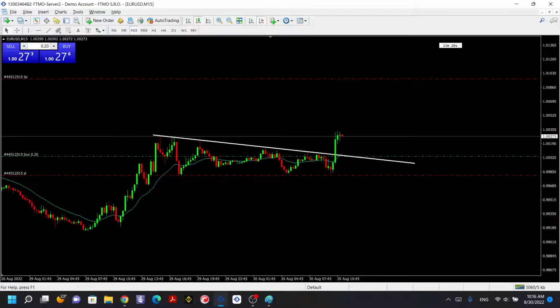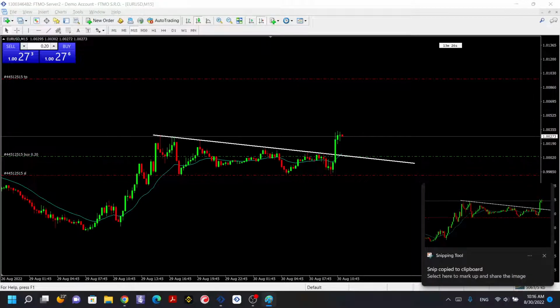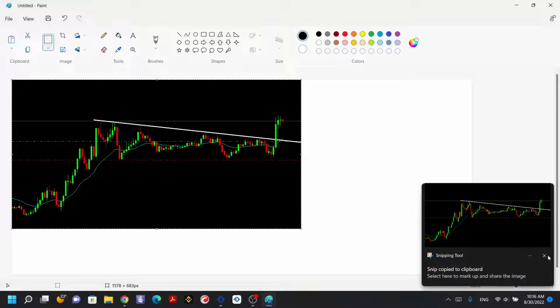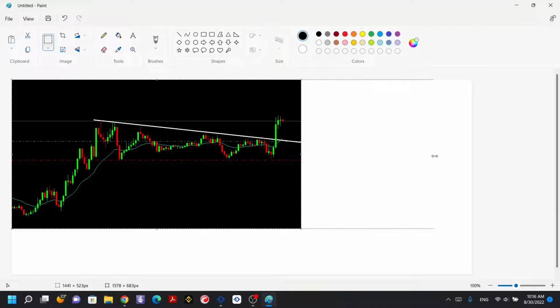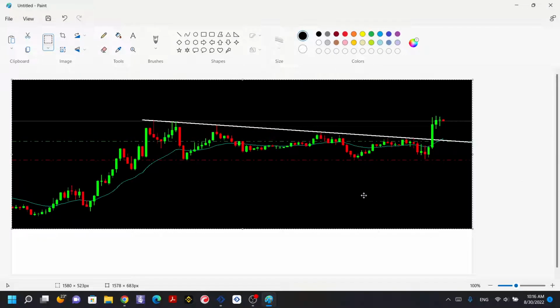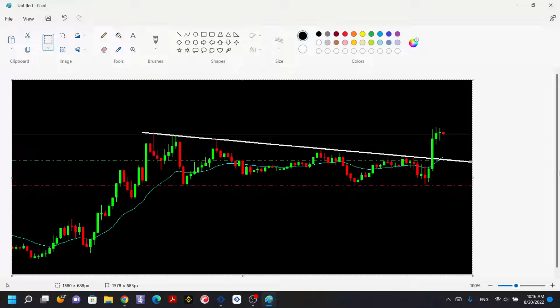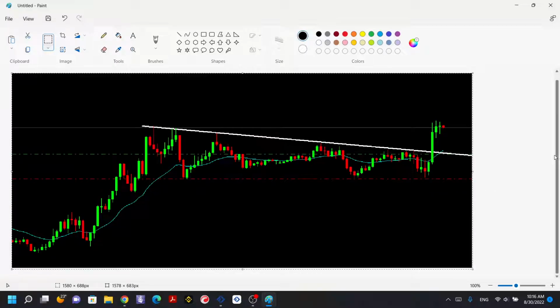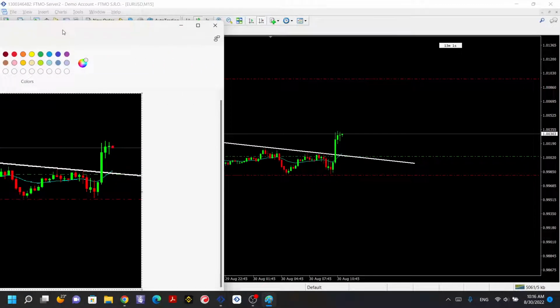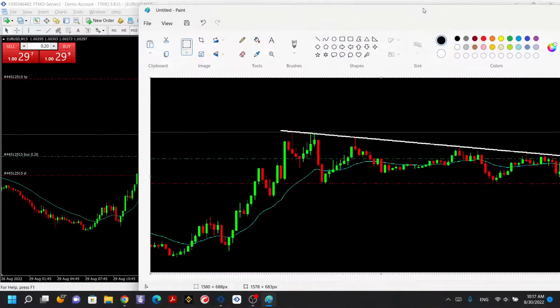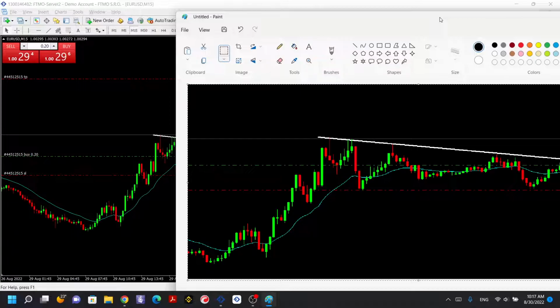Assuming that this is the flag, I'll put it here. So yeah, I had no idea the market is coming back down again.